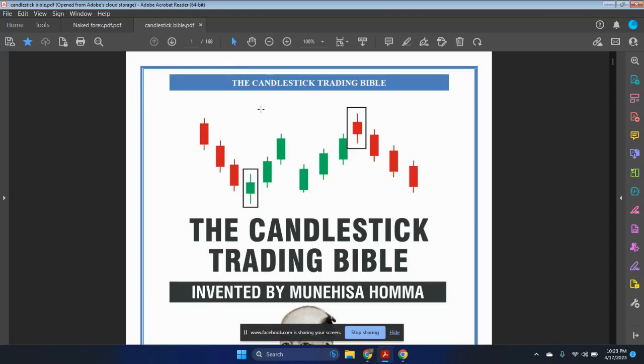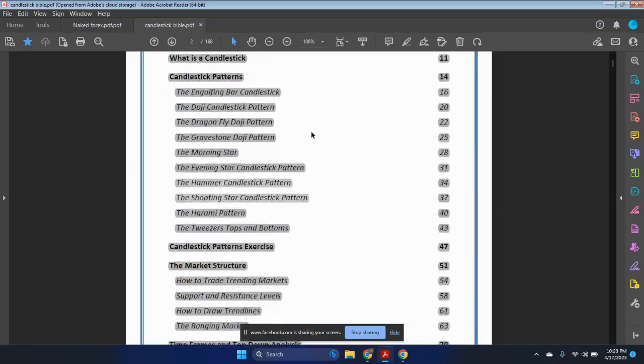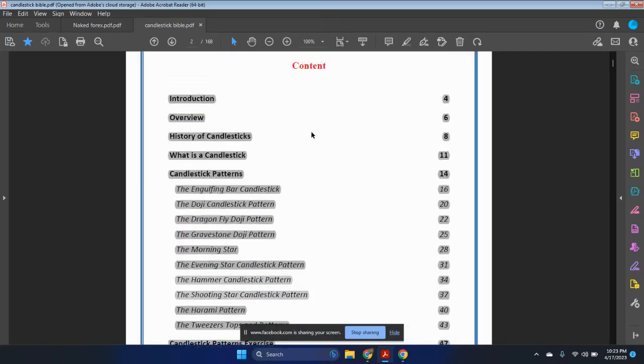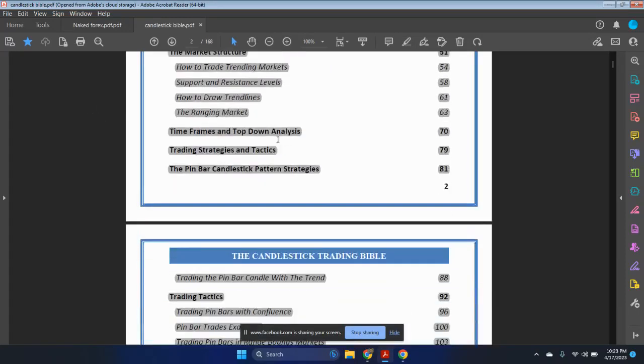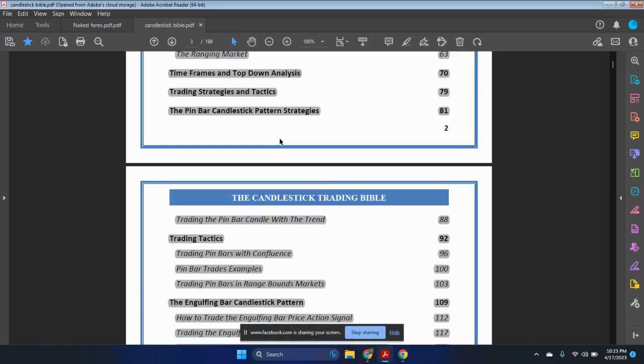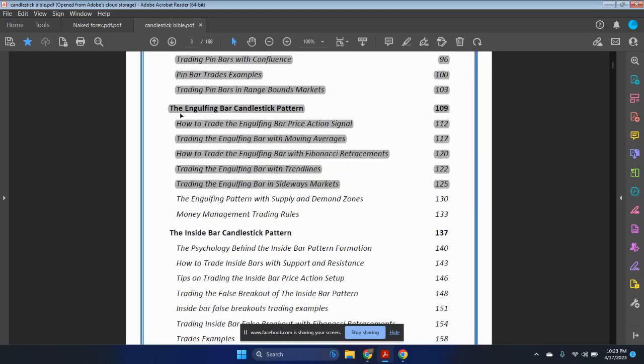So we're going to go over this. Some of the things that we have gone over in the content are the introduction overview, candlestick patterns, the market structure, top-down analysis, the pin bar candlestick pattern and its strategies, and its trading tactics, and we are going over the engulfing bar candlestick.